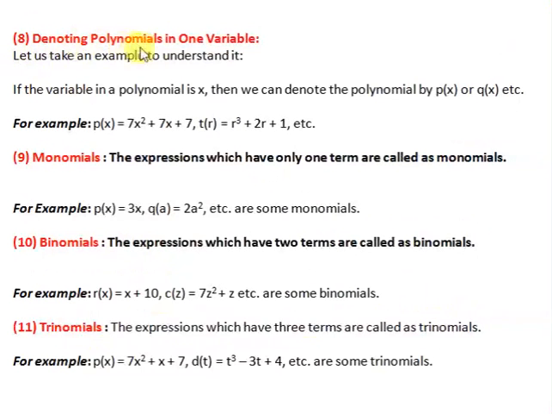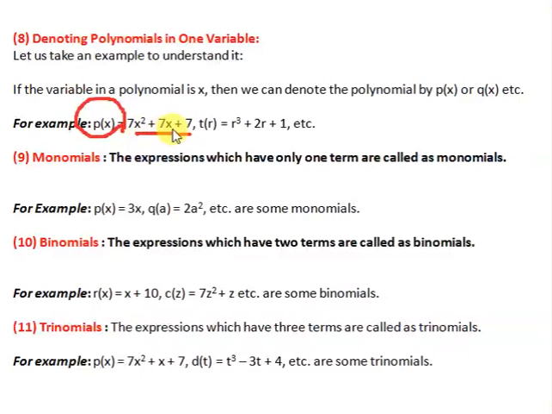Next is denoting a polynomial in one variable. Let us take an example to understand it. If the variable in a polynomial is x, then we can denote the polynomial by p(x) or q(x). For example, see this polynomial: 7x square plus 7x plus 7. Only one variable x is involved, so it is denoted by p(x). p(x) denotes this polynomial.